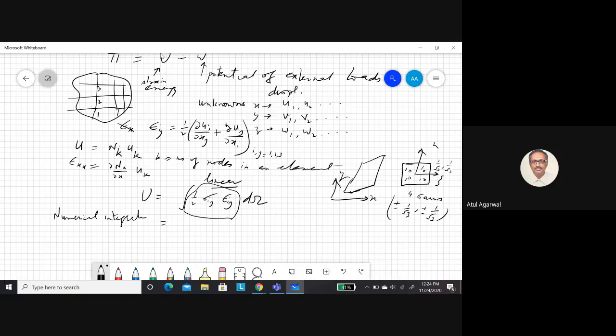You have to calculate this integral by evaluating this expression over these 4 Gauss points. So you will get sigma, so you get your stresses at these coordinates.